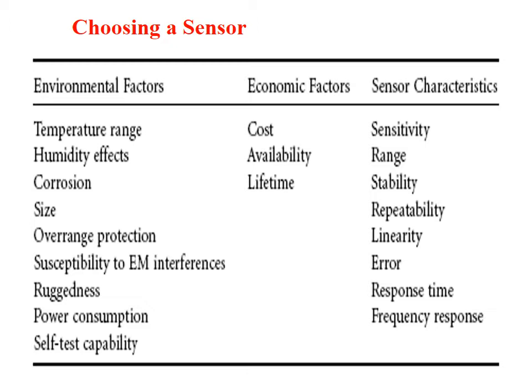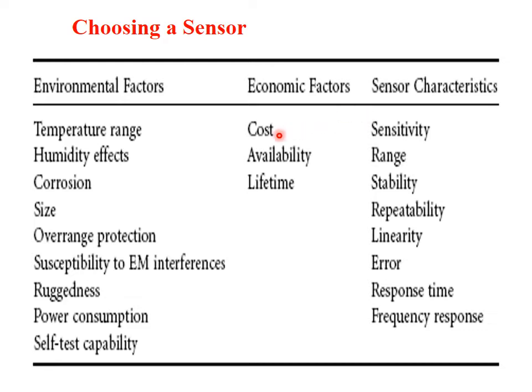What is the selection criteria of a sensor? It can be environmental factors, economic factors, or sensor characteristics. Environmental factors can be temperature range, humidity effect, corrosion, size, overrange protection, susceptibility to EM interference, ruggedness, power consumption, self-test capability.